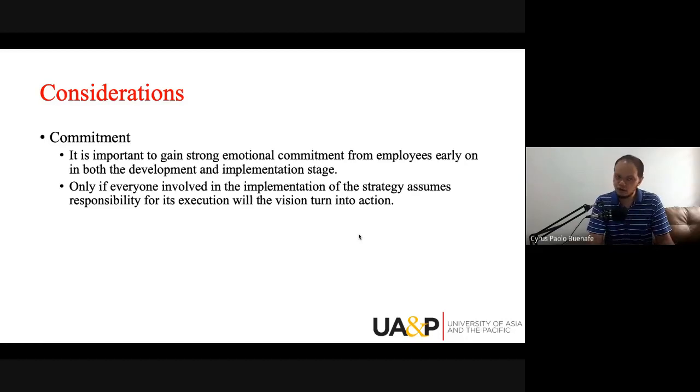You have to assess whether it is possible for you to actually get commitment from these people. Okay. Early on, and you get it early on. You don't get it towards the end, right? It becomes very, very expensive. You try to do something already at the start, but haven't gotten the commitment yet. Okay.